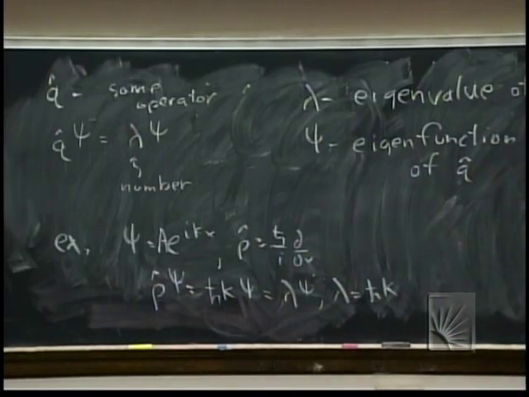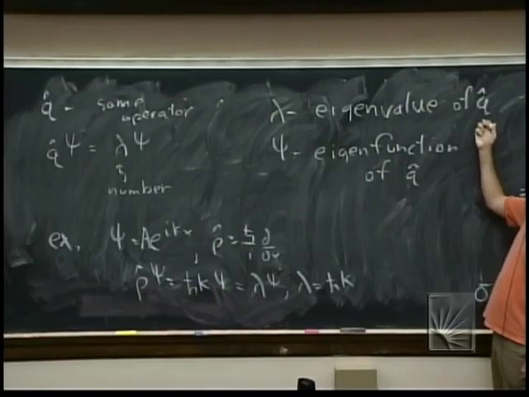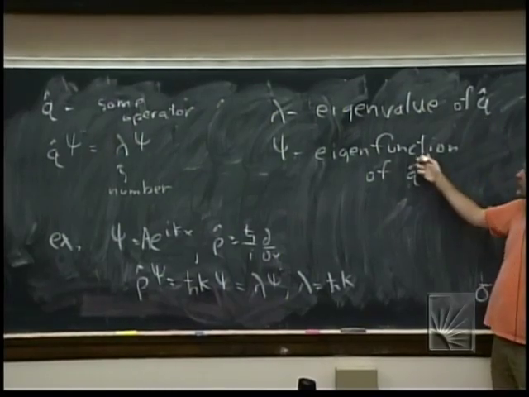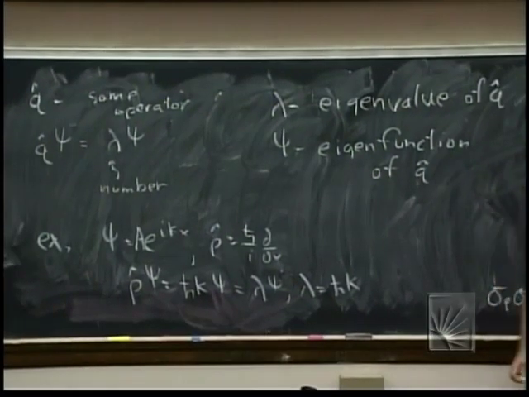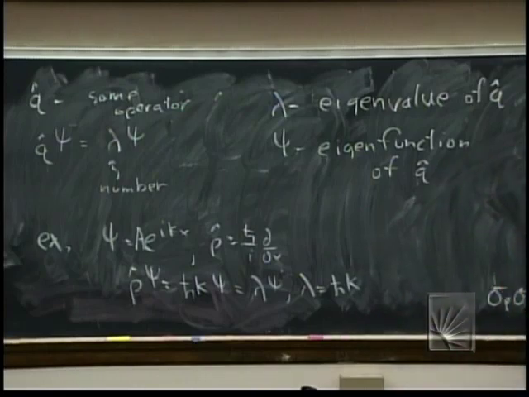And in particular, it's not just an eigenfunction in some general way. I always talk about it related to an operator. So lambda is an eigenvalue of the operator Q, and psi is an eigenfunction of the operator Q. You've probably heard these terms before. And if that's the case, everything is simple, right?